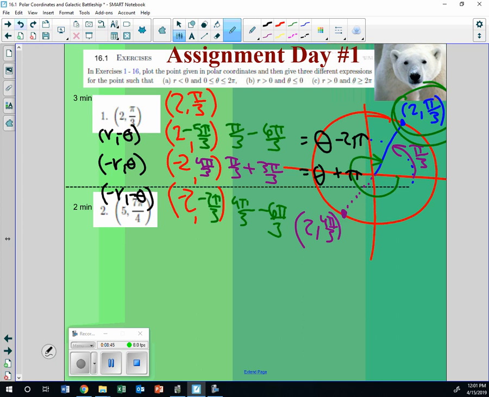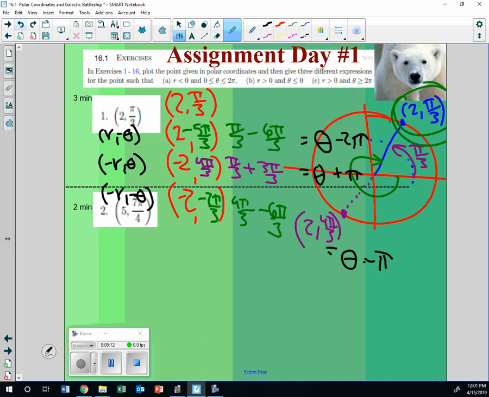And then you took, I guess you could say it, theta plus pi, and you subtracted 2 pi, didn't you? So that's just like theta minus pi if you wanted to do it that way. That would work as well. I know, that's kind of confusing, isn't it? But you're going to get better at it.